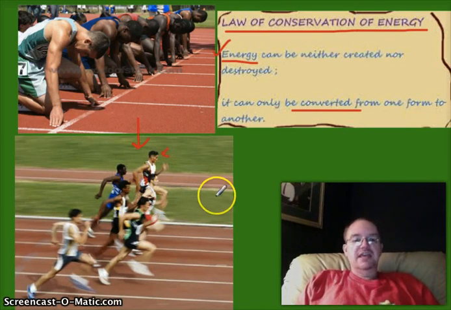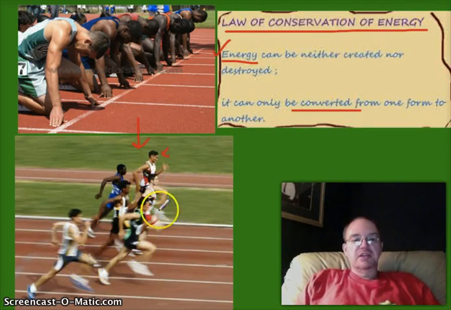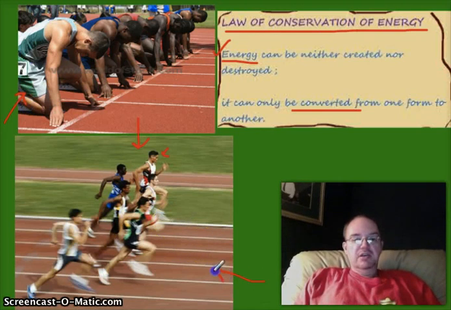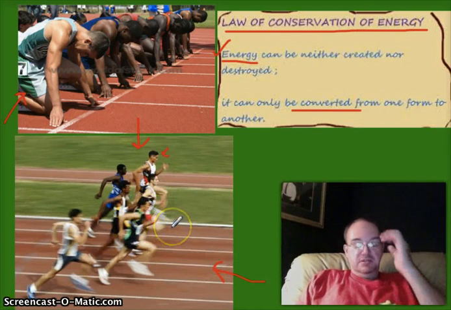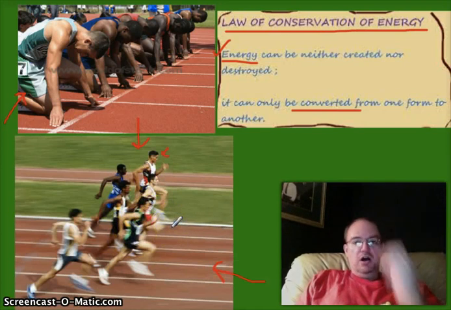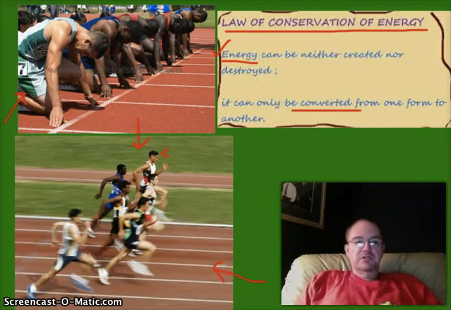So once they complete this race, then they will have burned off some of the food using the muscles in their body. So you had an equal amount of energy here just as you did here. It's just that here you're burning some of that food off using your muscles. So it looks like the energy is just being made, but it's not.